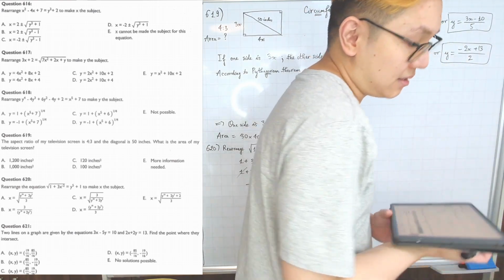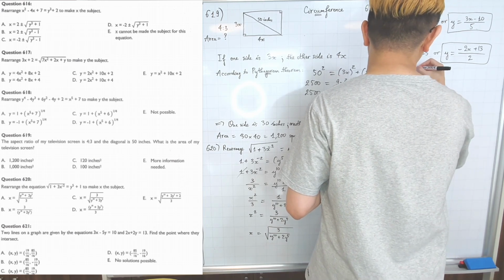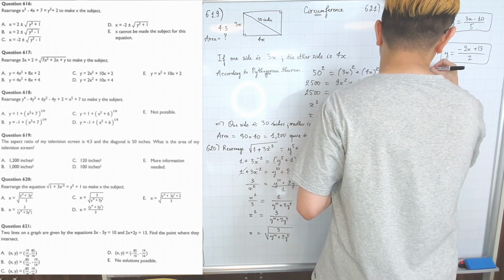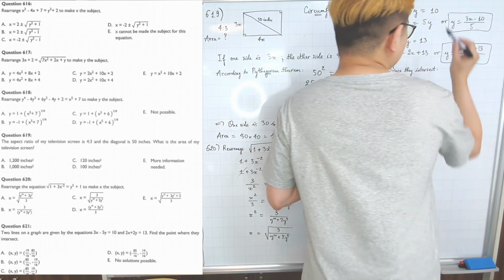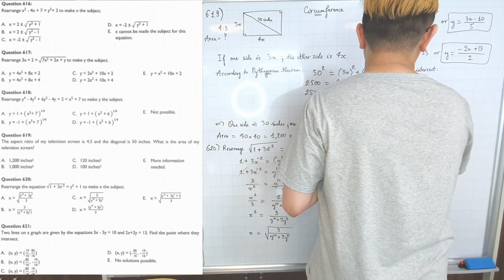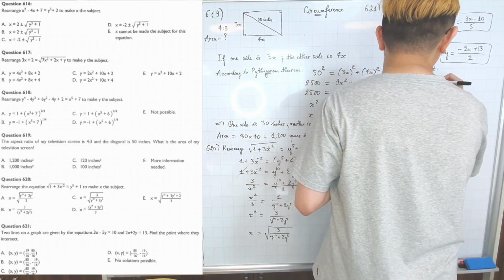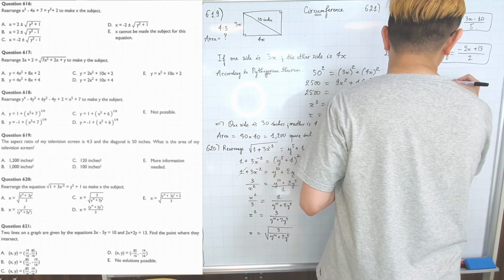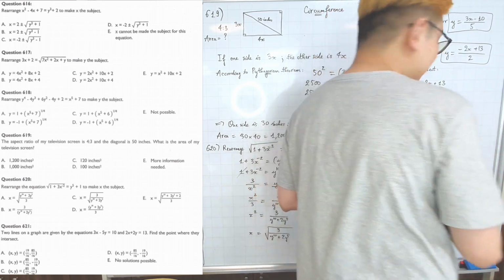Since they intersect, their y values must be equal to each other. So it means that 3x minus 10 divided by 5 equals minus 2x plus 13 divided by 2. Find x.